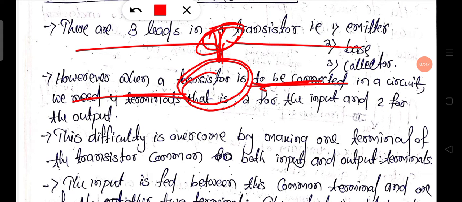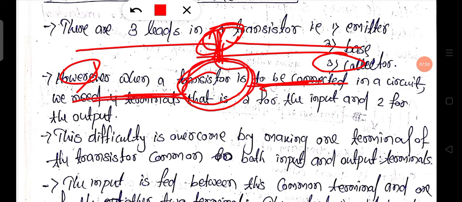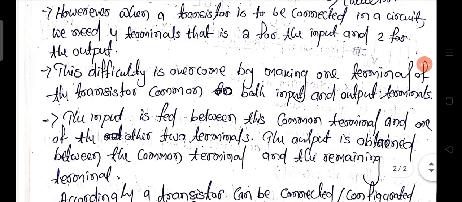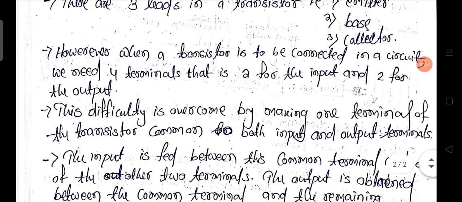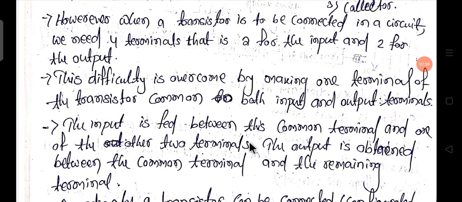So we get four terminals from the three terminals. This is the process of connection. The input is fed between the common terminal and one of the other two terminals, and the output is obtained between the common terminal and the remaining terminal.